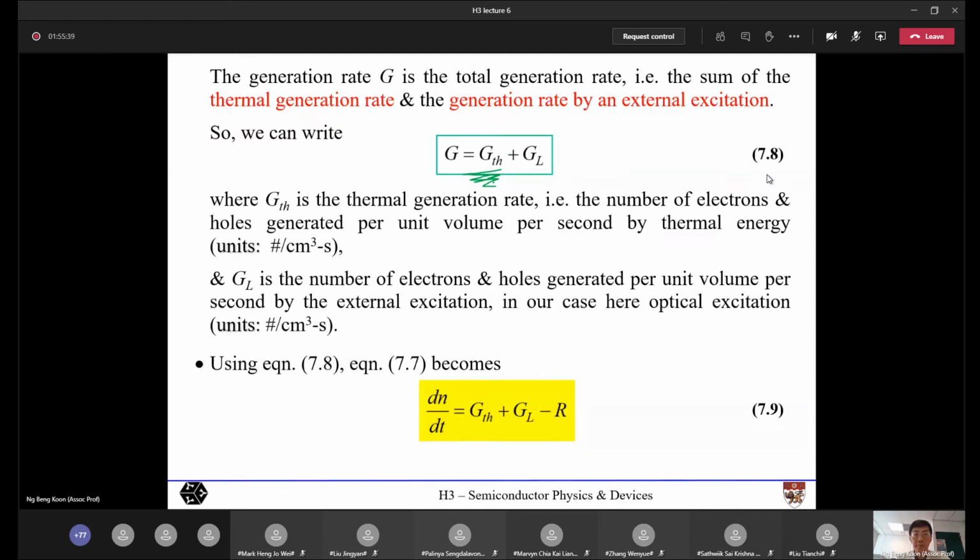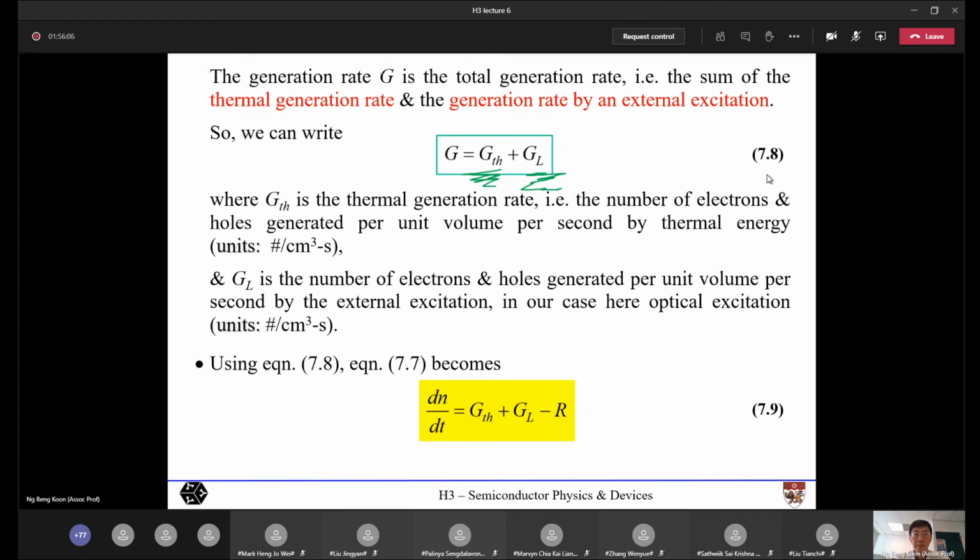And in fact, if you shine light on the semiconductor, that also produces additional electrons and holes in the semiconductor, right? So there's also another process which is the optical generation. So the overall generation rate in a semiconductor will be the thermal generation and the optical illumination, the thermal excitation or the optical excitation.